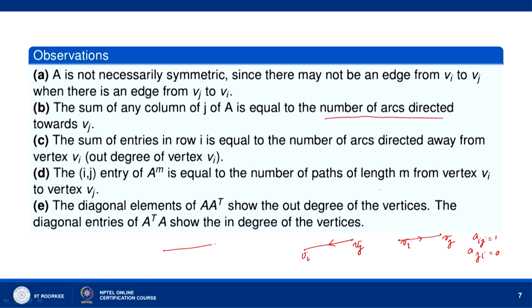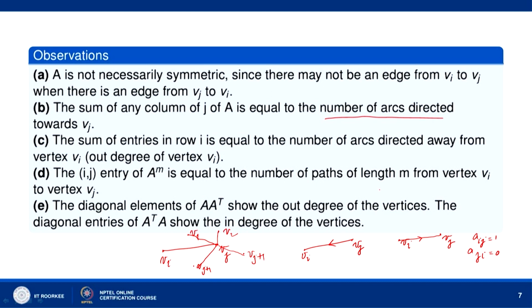Suppose this is Bi, this is Bj, and then you have other vertices, say Bj+1, Bj+2, B1, B2. Suppose they are joined like this; we can take multiple edges here.